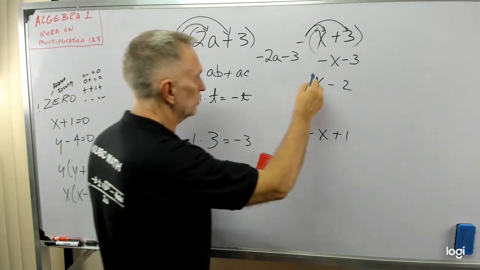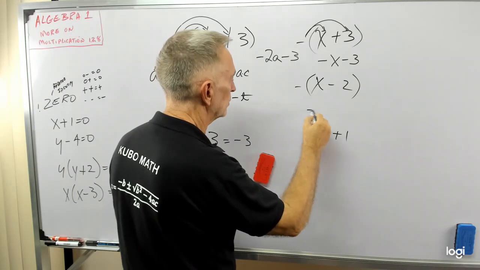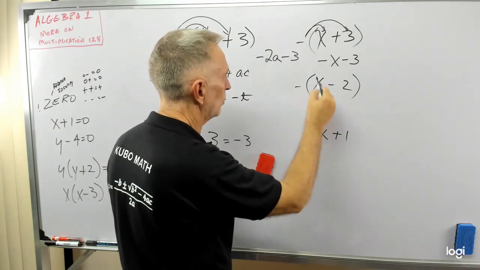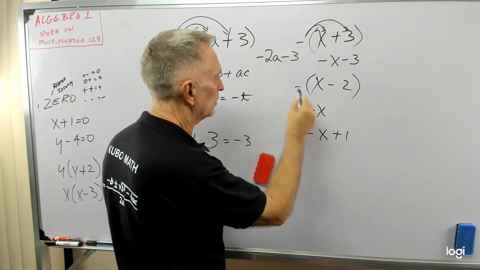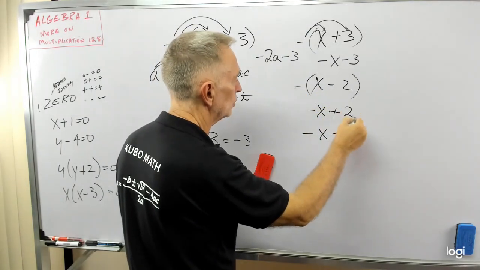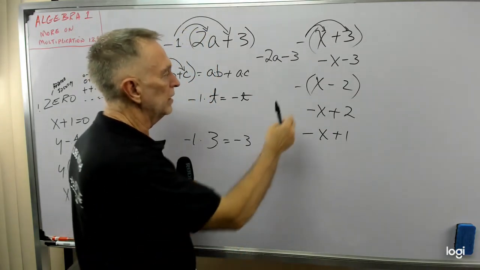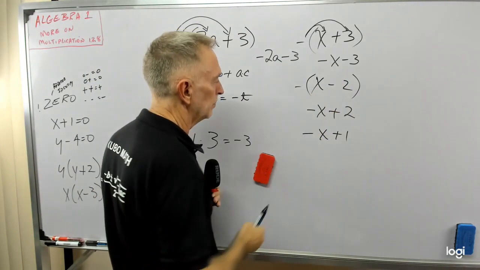So let's try this one. The inverse of x minus 2 is -x. So -1 times x is a -x. Negative times negative is +2. -1 times -2 is 2. So -x plus 2.